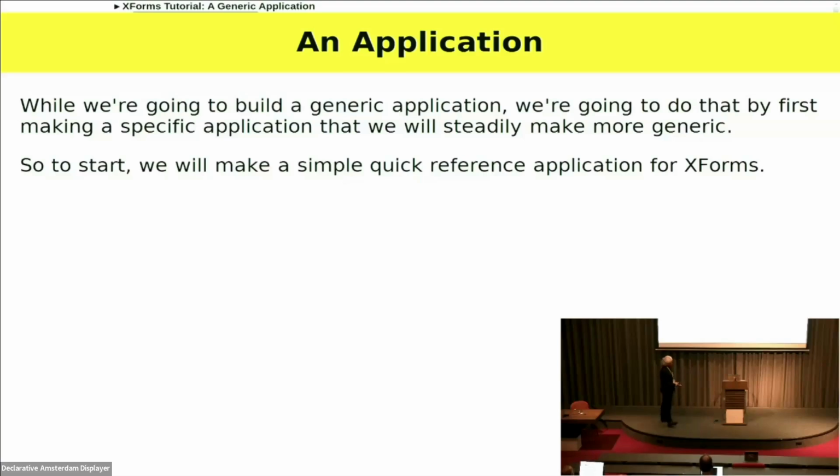And so I gave myself the challenge: could I make a generic application that covered all those applications with just small changes? Small changes to the CSS, small changes to the XForm. And I found I could. I thought, oh, well, that would be a good subject for a tutorial. And so that's what we're going to do. But we're going to do it by first making an application and then slowly making it more and more generic.